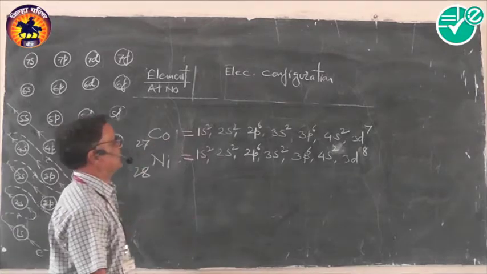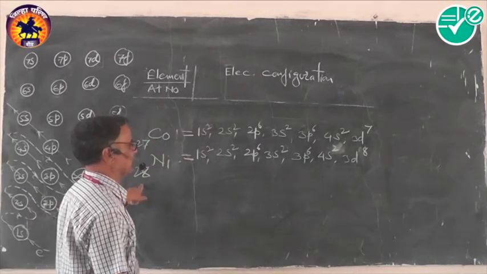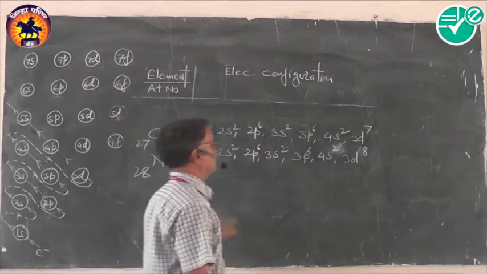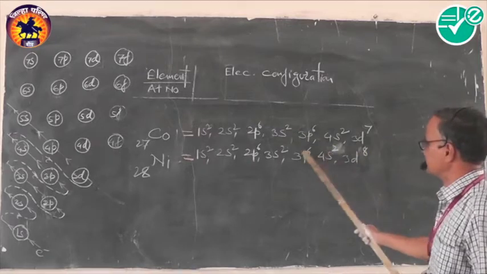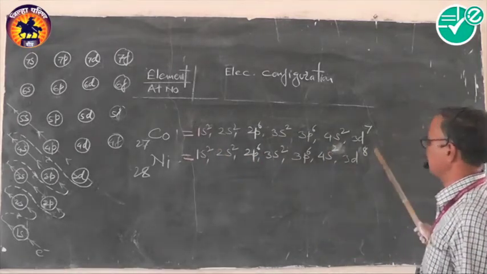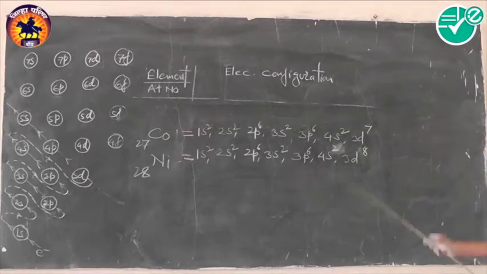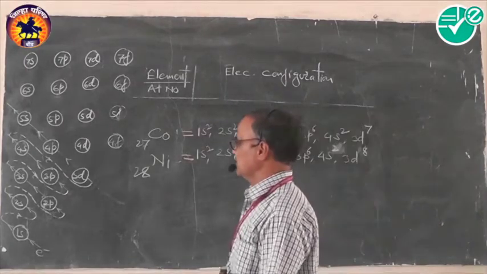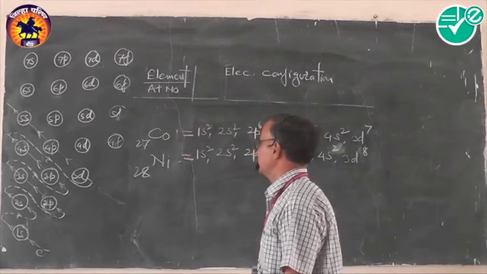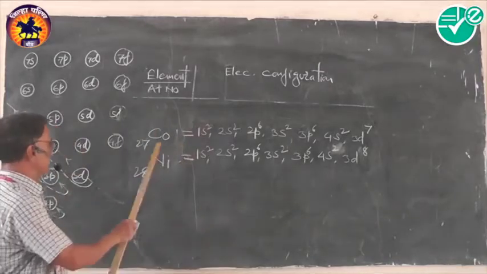Similarly, this is the electronic configuration of cobalt, and this is the electronic configuration of nickel with atomic number 28, and this summation gives the number of electrons equal to 28. Hence, it is the 100% correct electronic configuration on the basis of the above principle, step by step with energy levels of increasing energy. So this is all about cobalt and nickel.